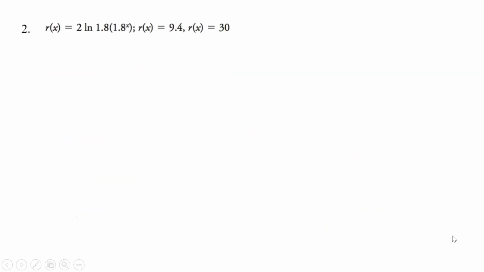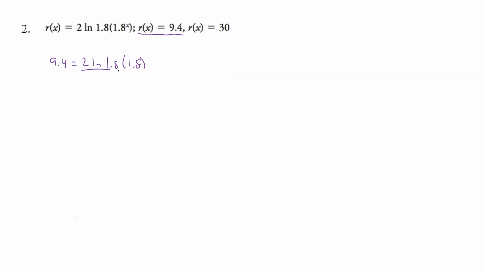All right. Let's do another one. And this one I'll do one way, and then I'll do the first one a second way to kind of show you how your calculator can help. So on this one, we have 9.4 equals 2 ln 1.8 times 1.8 to the x, okay? And so we know we have to get rid of everything and get just this by itself.